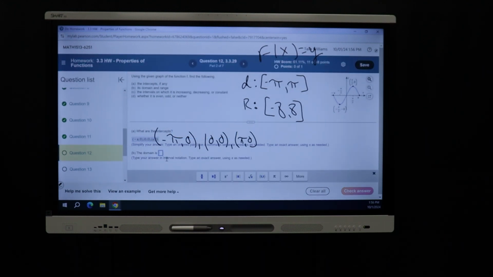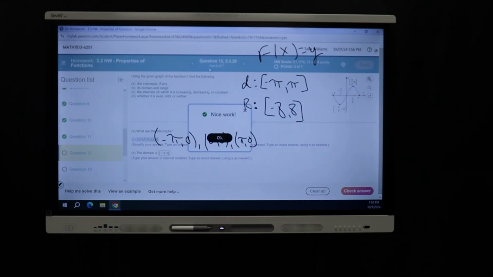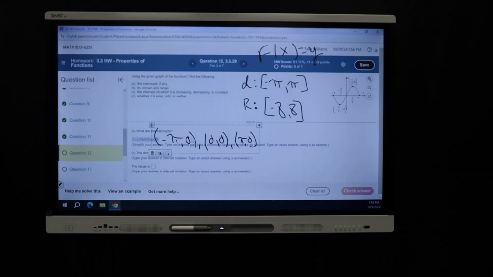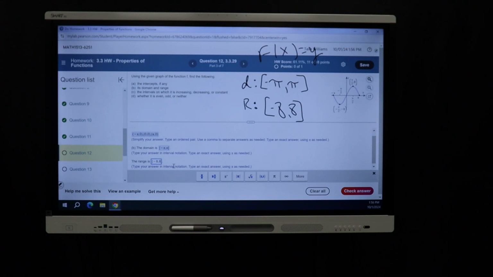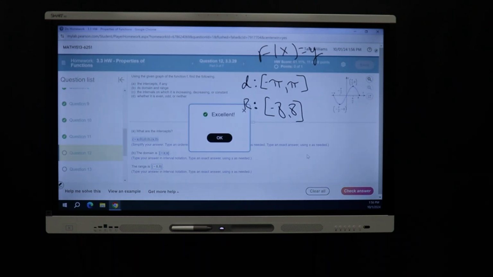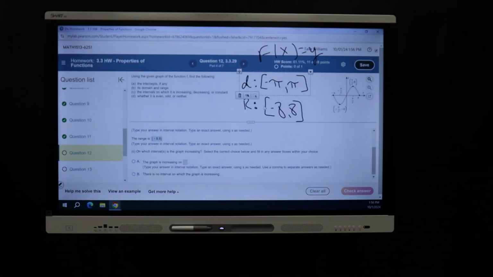Domain is going to be bracket negative pi to pi. Range is going to be negative 8 to 8, because we look at our y values. Okay.